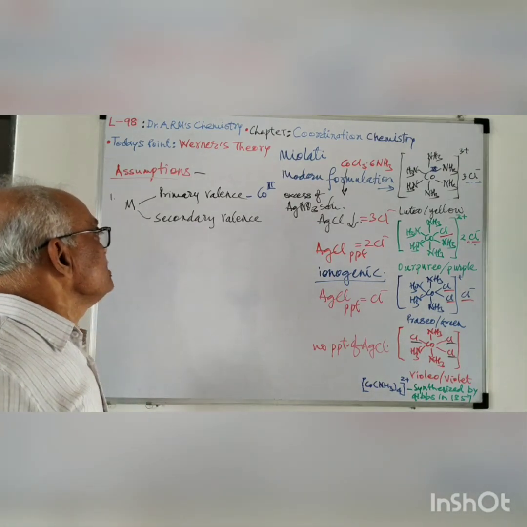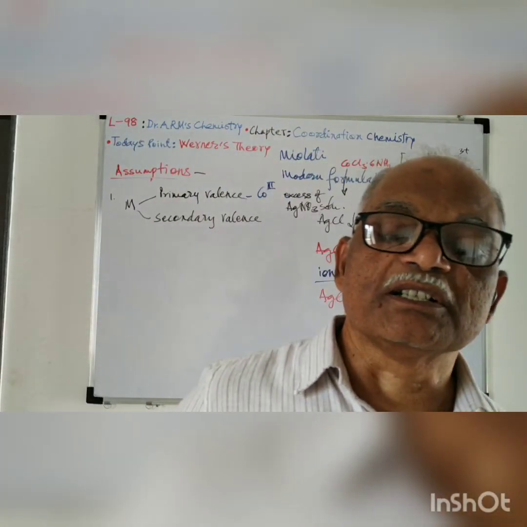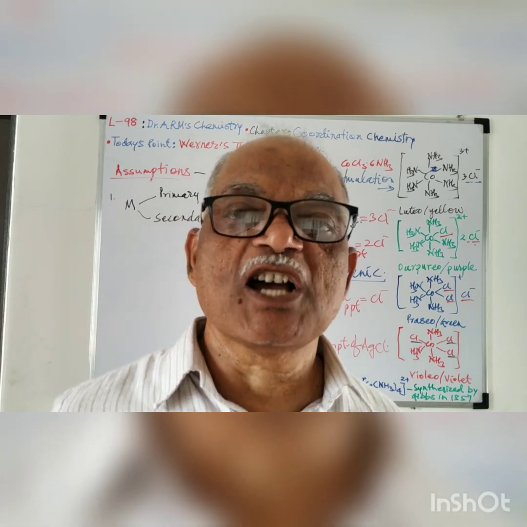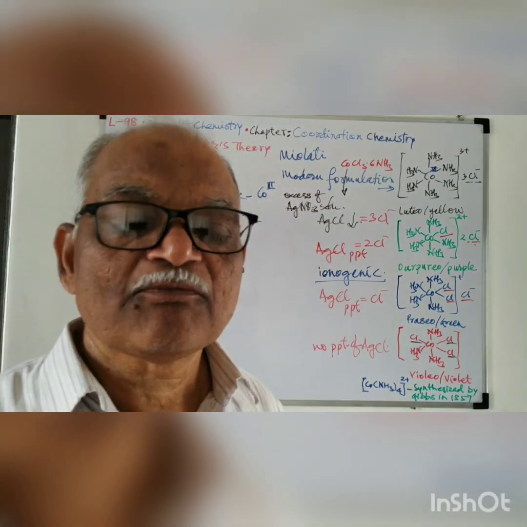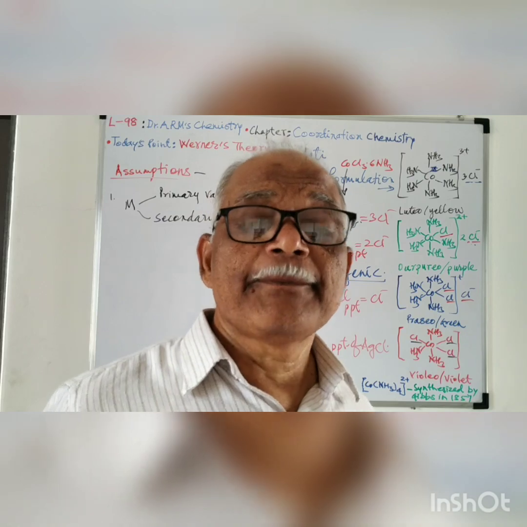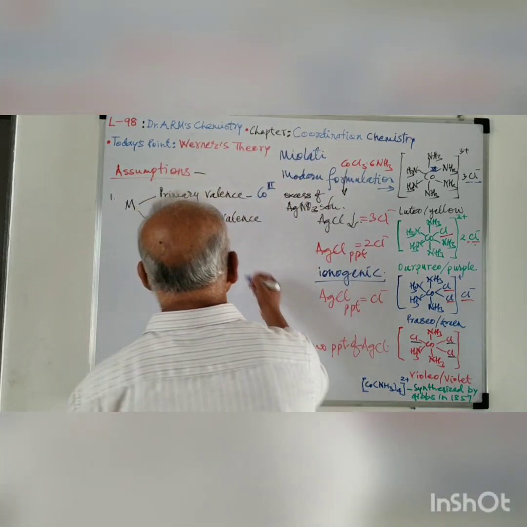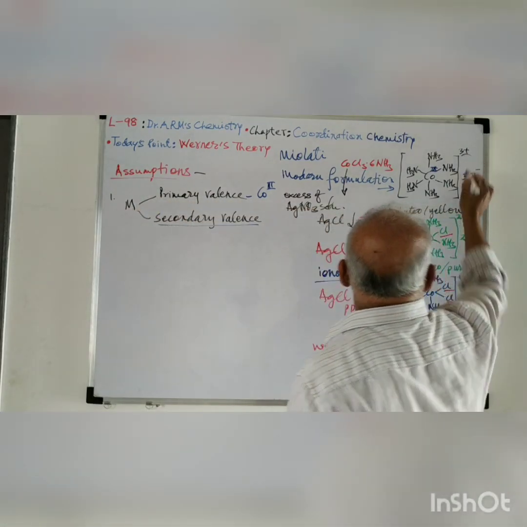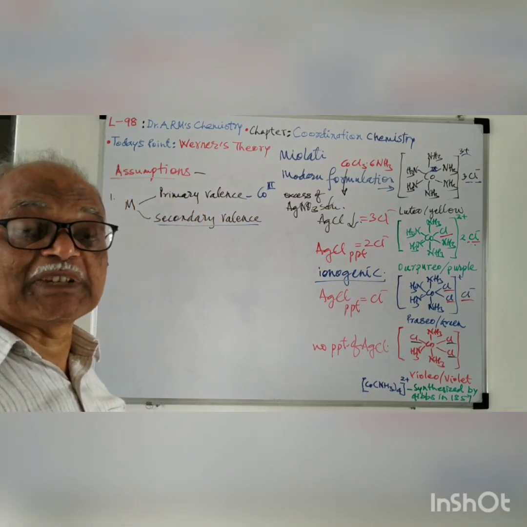Similarly, the secondary valence is another concept. According to Werner, the secondary valence is the charge shown on the complex species, which is further neutralized by the ionic species. So here, the secondary valence becomes +3.